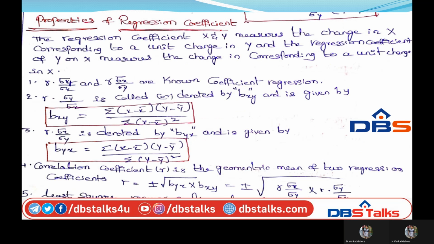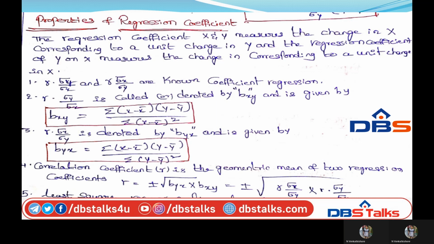Next, what are the properties of the regression coefficient? The regression coefficient measures the change in x corresponding to a unit change in y. So the regression coefficients of x and y measure how changes in x correspond to changes in y.